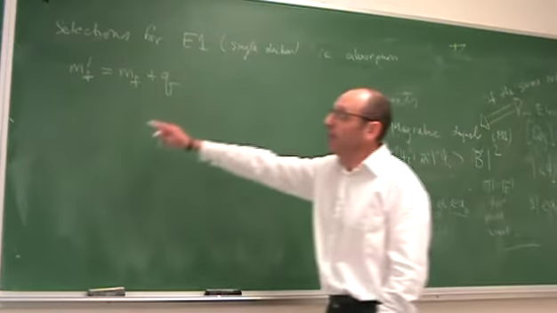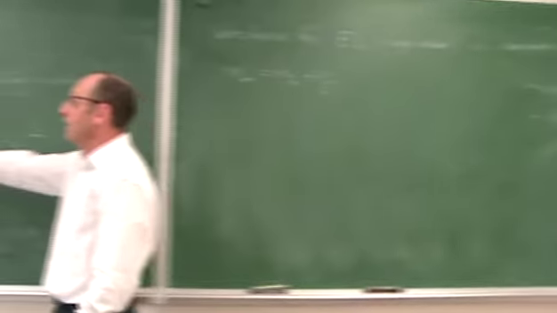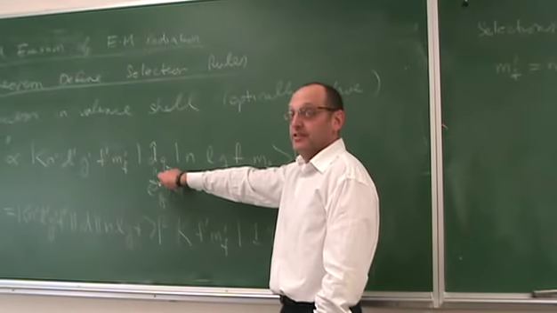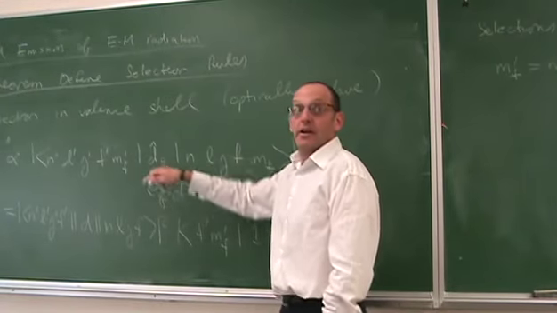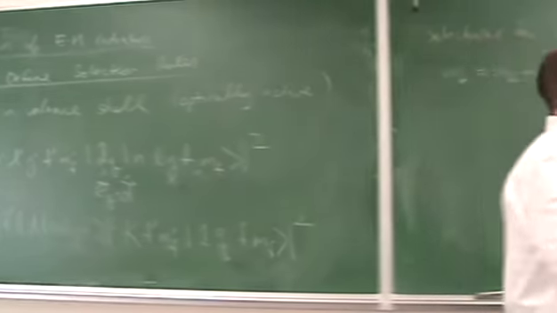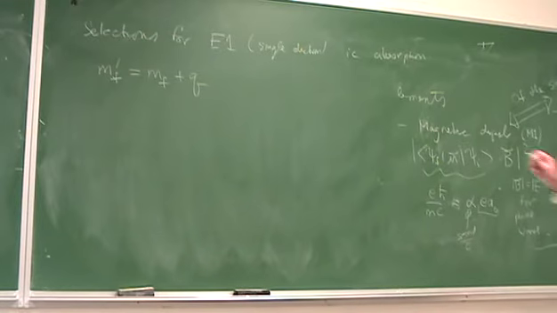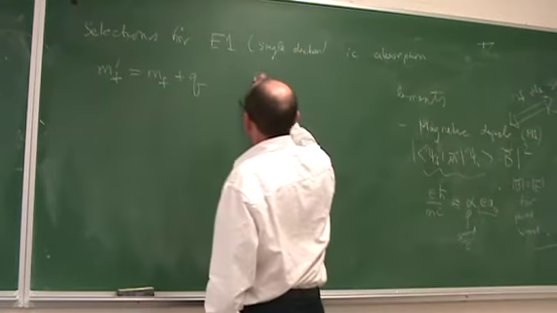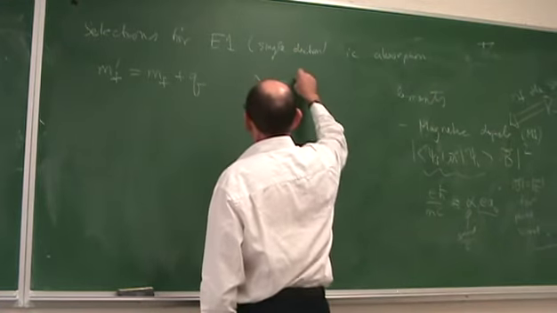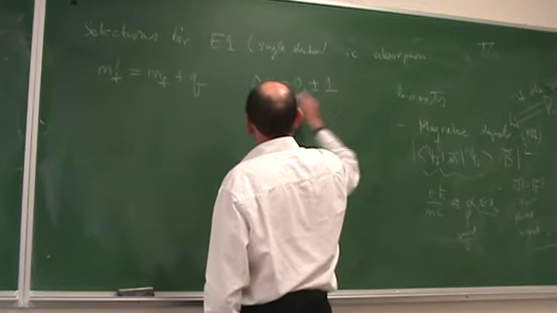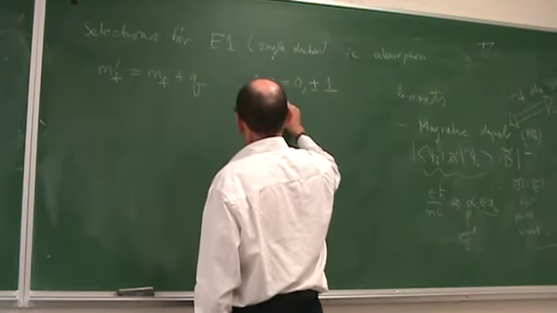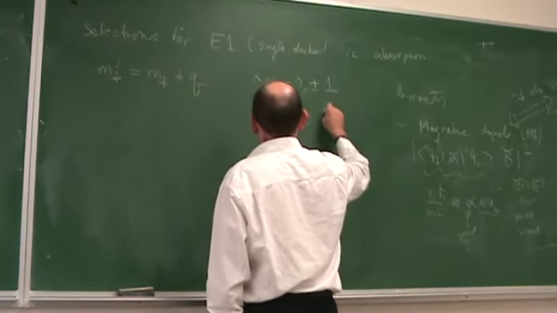And since Q, in this case, can take on possible values, this is a rank 1 tensor, Q can take on values +1, -1, or 0. So that means delta M can be 0, +1, or -1, depending on Q.